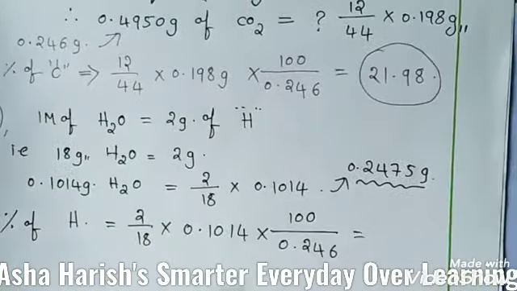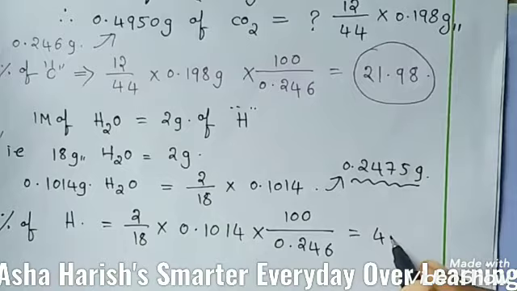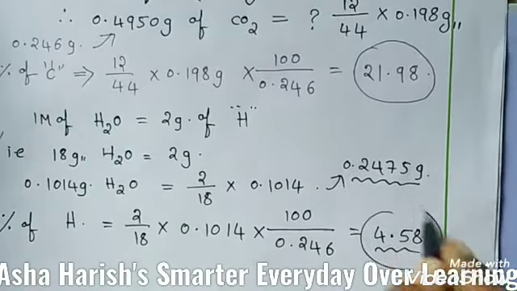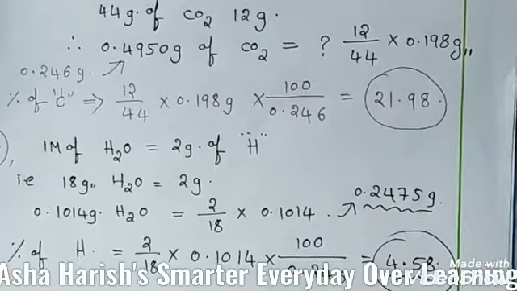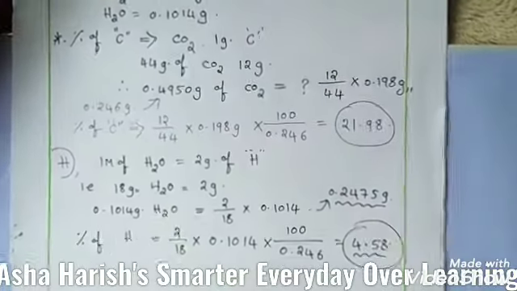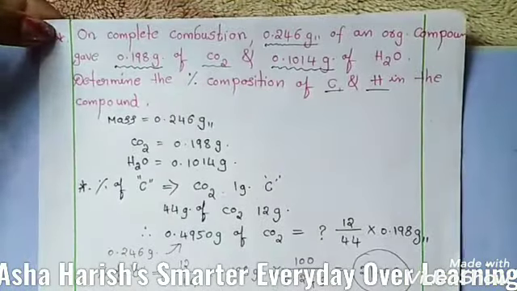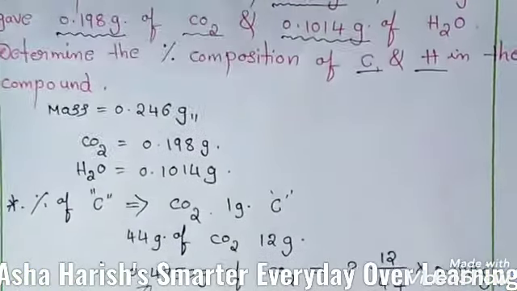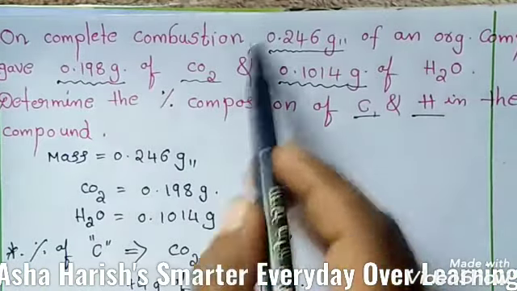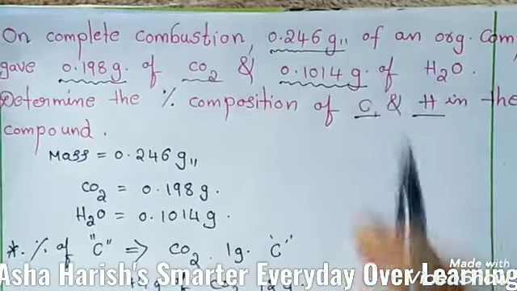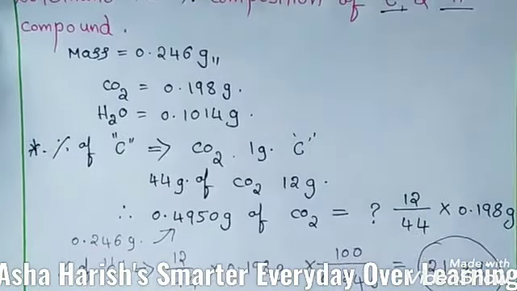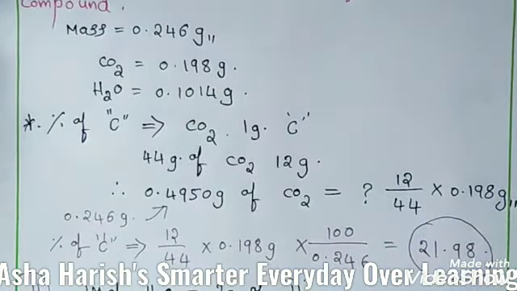Okay, if you simplify this, you get the answer 4.58. So this is the answer. Okay students, this is the complete information about how we can calculate in a complete combustion reaction. They have given the weights of the substances, then we need to calculate the mass of the carbon and the mass of the hydrogen.